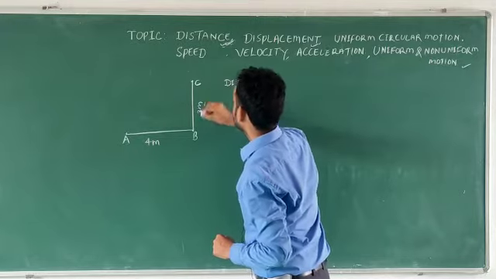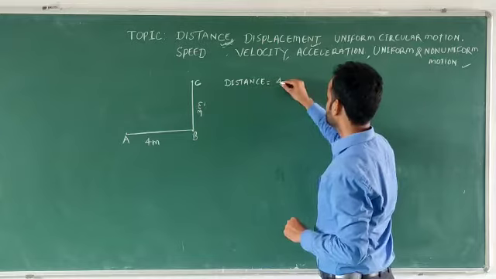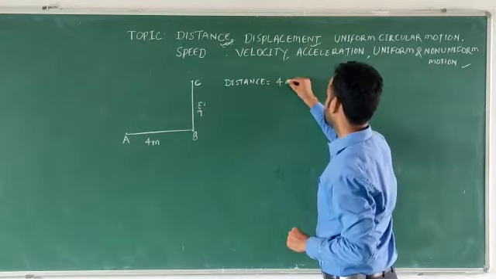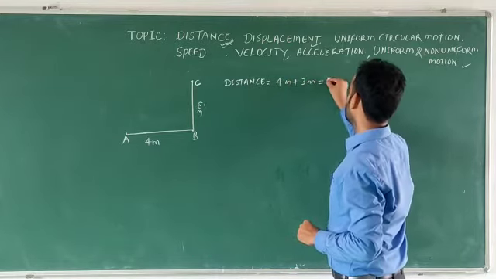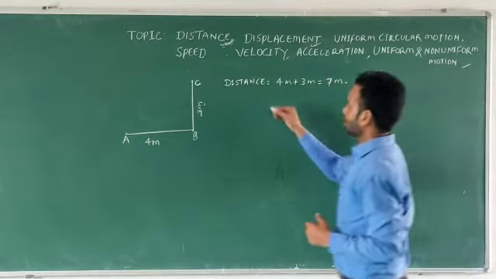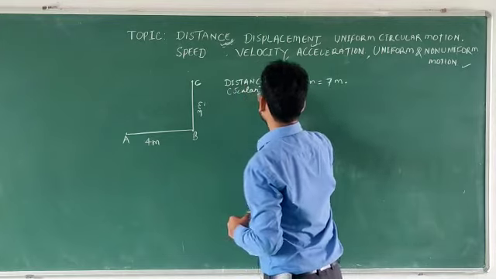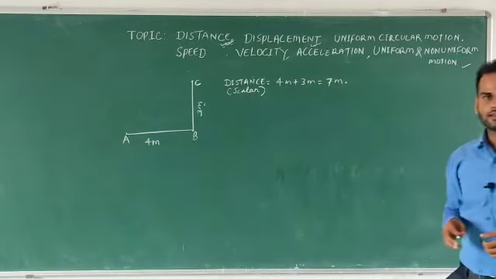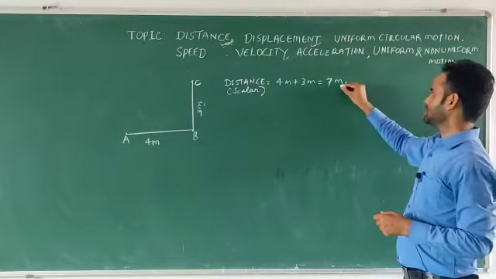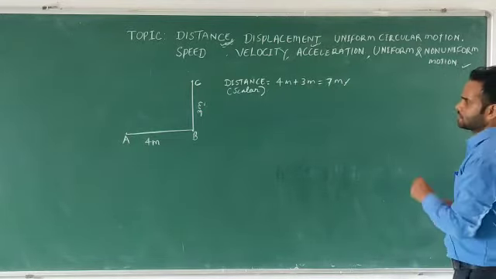Okay, so in this case distance would be the total length of the path traveled, that is 4 meter plus 3 meter, then it would be 7 meter. So distance is a scalar quantity, because here only magnitude, that is 7 meter, is given and the direction is not given, so that is why it is a scalar quantity.